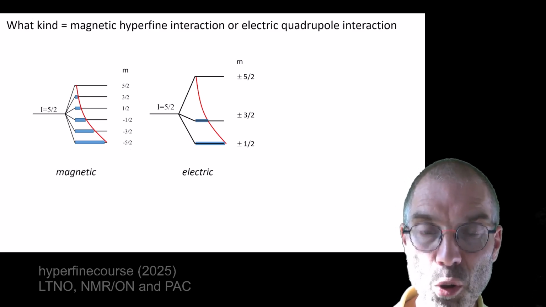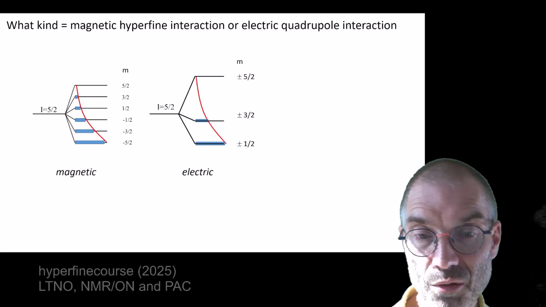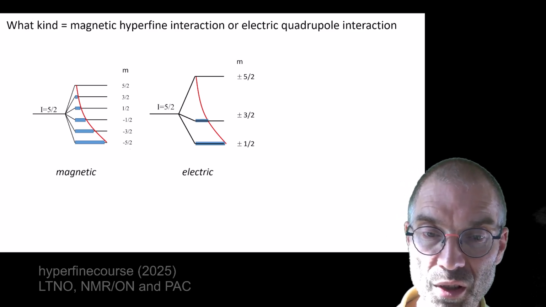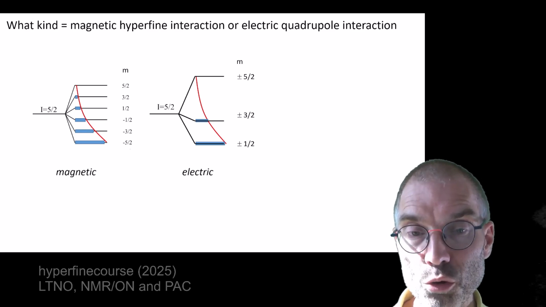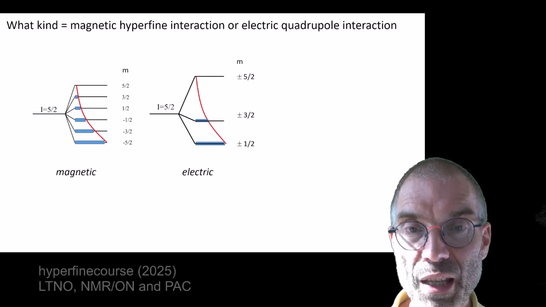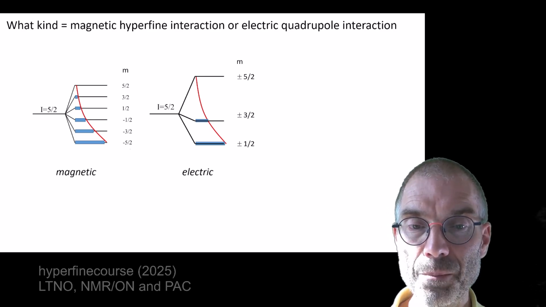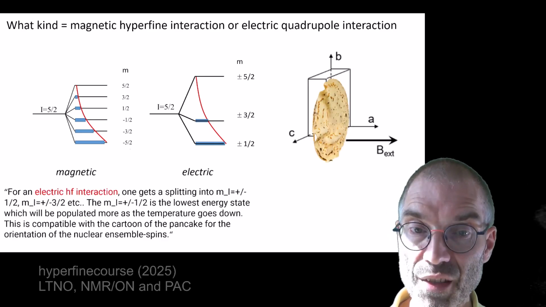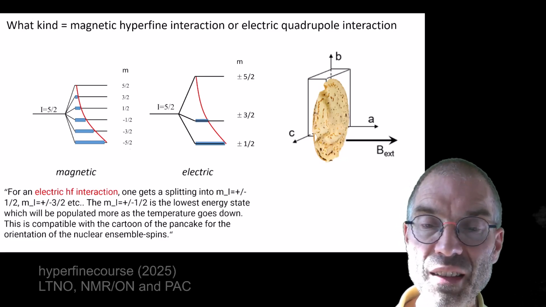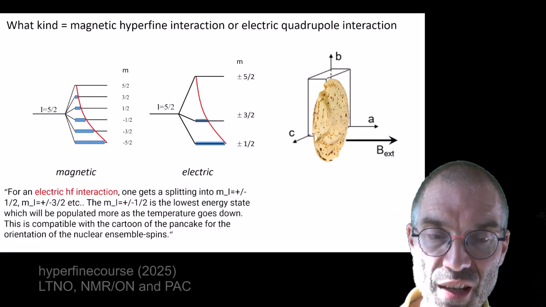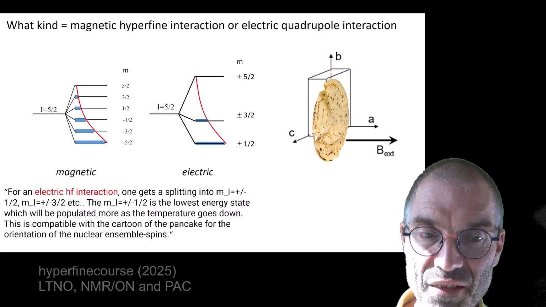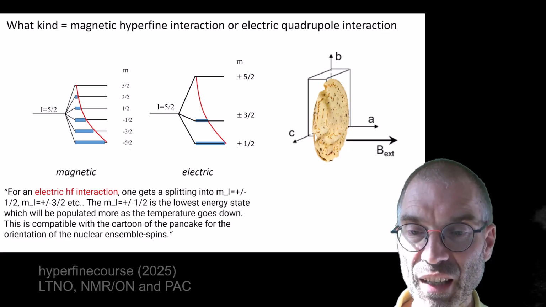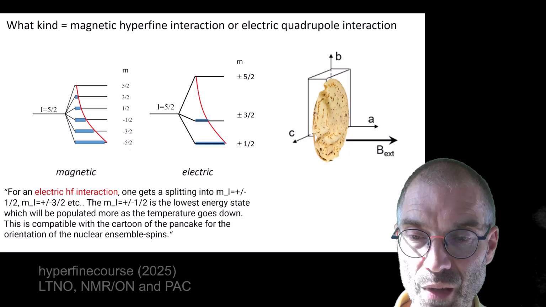And if most of the spins are pointing as closely as possible in the xy plane, then also their radiation will be emitted in that direction. So yes, the electric quadrupole interaction is consistent with the observed pancake orientation and pancake radiation distribution.